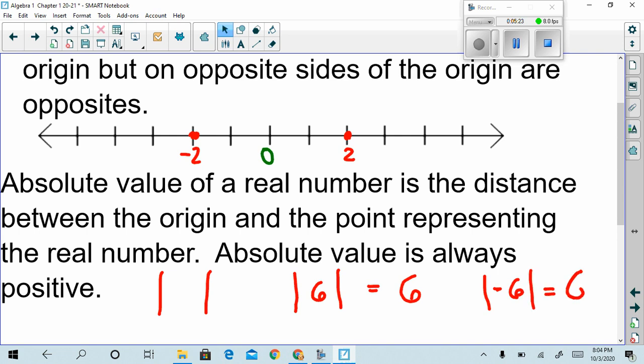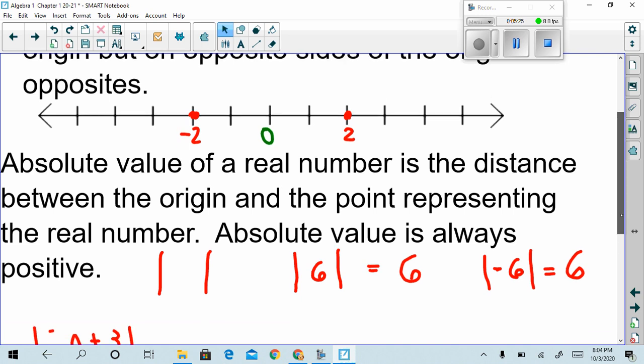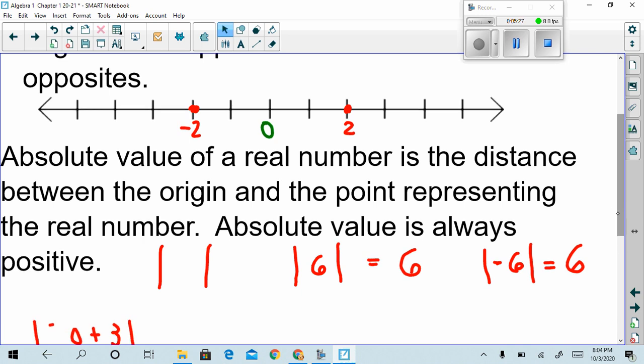That would also be 6. Now, when I'm looking at absolute value, I'm looking at a positive value. There is always something to look out for, and that would be if there's a negative on the outside. This is now telling me what's the opposite of the absolute value. Well, the opposite of positive would be negative.